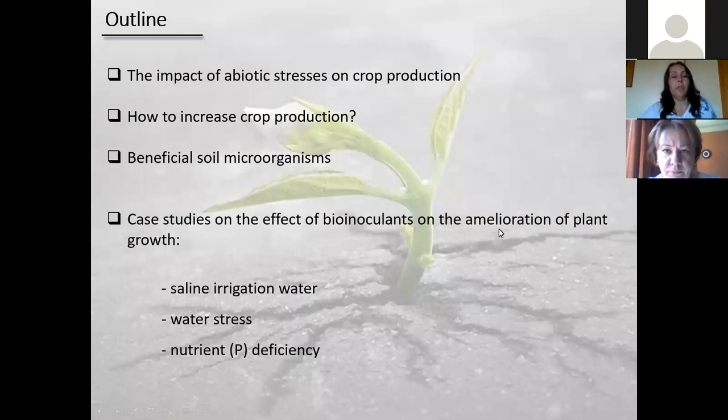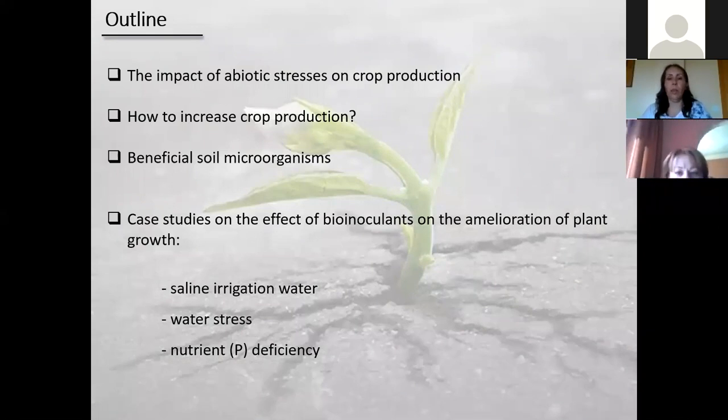So, first of all, I would like to share with you some information about the impact of abiotic stresses on crop production, and then give you some proof of how to increase crop production in a sustainable way.